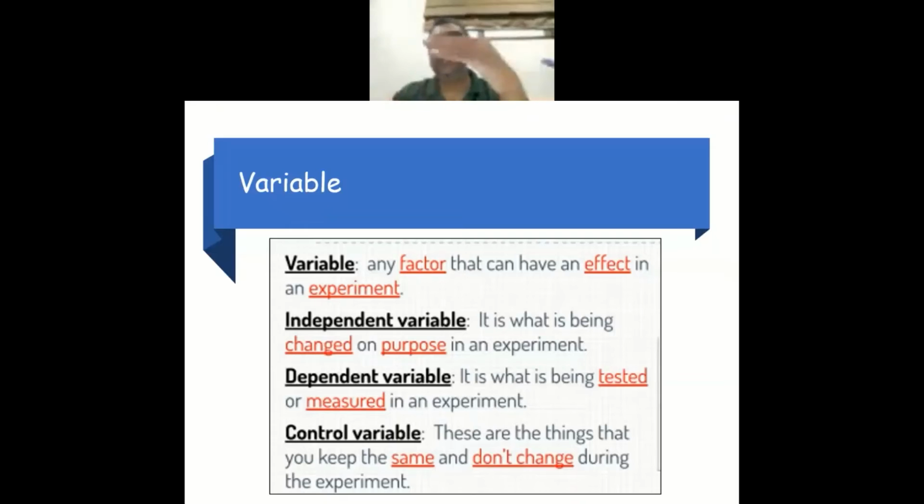Okay. Maybe if let's say you relate back to your sample size, that means the control variable is type of student. Where does the student come from? Kampung tak kampung. So you keep that. So that means your sample is the same because these things you control. Okay.